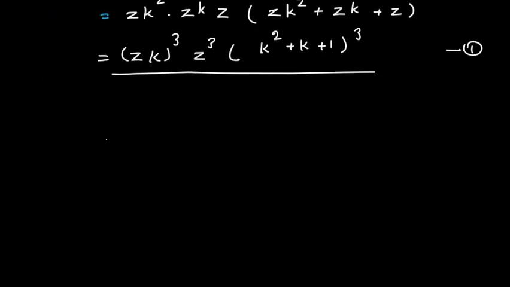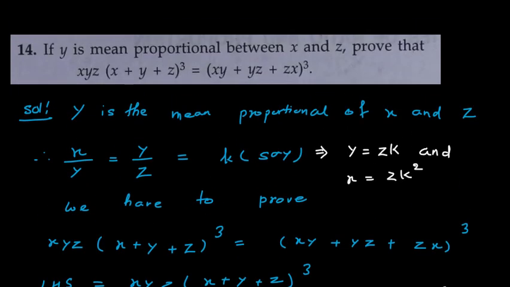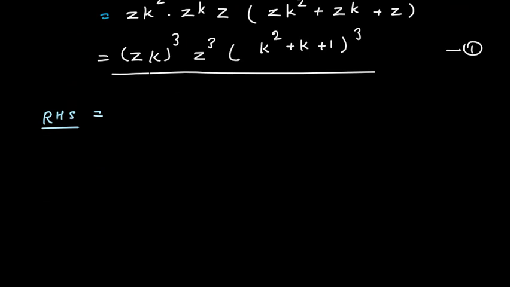Now RHS. This is LHS. If we talk about RHS, what is our RHS? Right hand side is (xy plus yz plus zx) the whole cube.